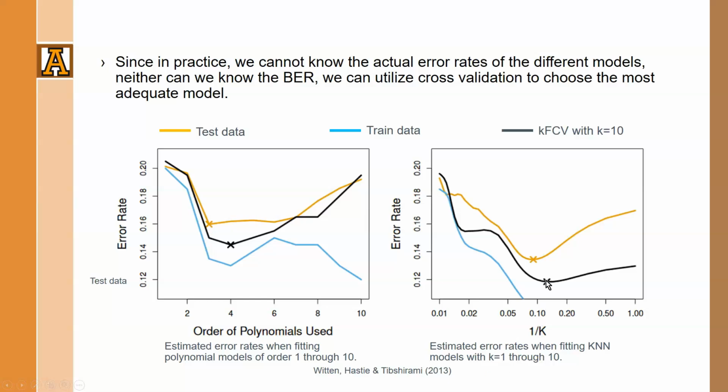And here, with the test data, the right choice would be this one here, 0.1, so K equals 10 in this case, for the k-nearest neighbor.